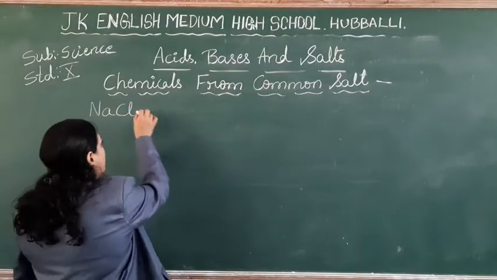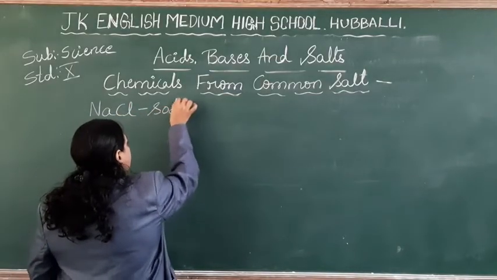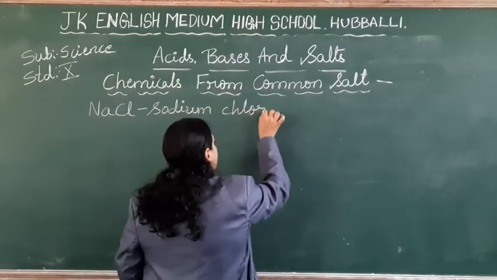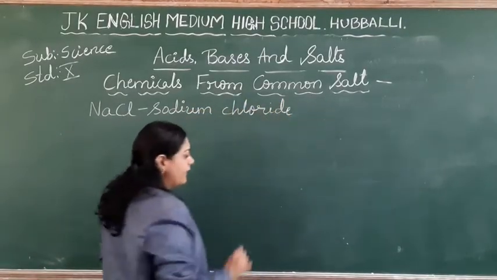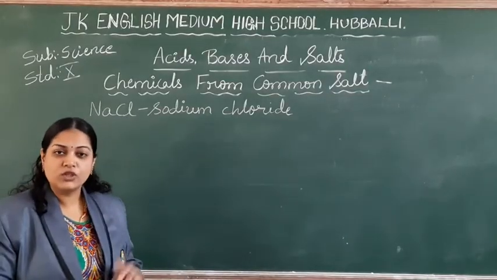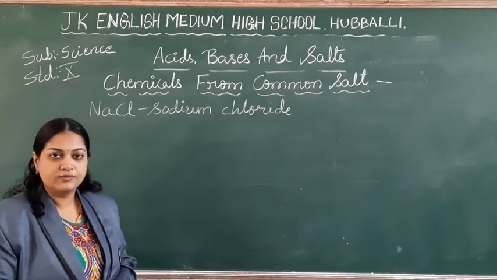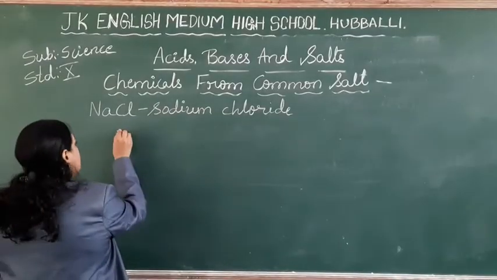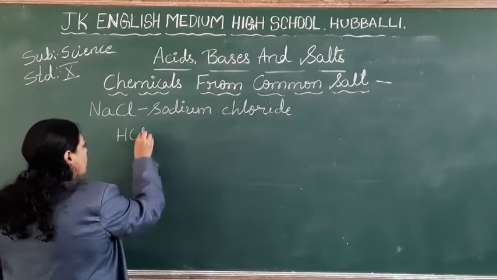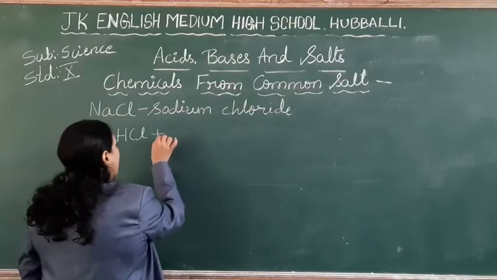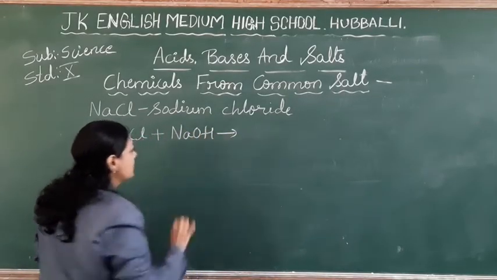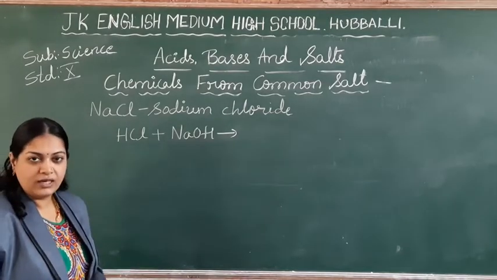What is the chemical formula of the common salt? NaCl, sodium chloride. How do we get the formation of sodium chloride? It is by the combination of acid and base. Let us take hydrochloric acid and sodium hydroxide, HCl plus NaOH.